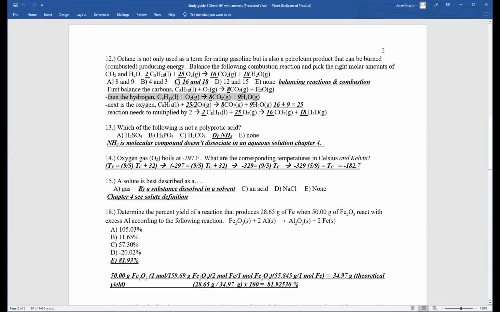I did it second. There's 18 on one side, there's 2 hydrogens in CO2, so we need a 9. Here's that odd number again. So 16 plus 9 is 25. We know we need 25 oxygens over here. It comes as O2, so we divide that number by 2, so it would be 12 and a half. You can't have 12 and a half, so we need to multiply the whole reaction by 2. So 2, 25, 16, 18.